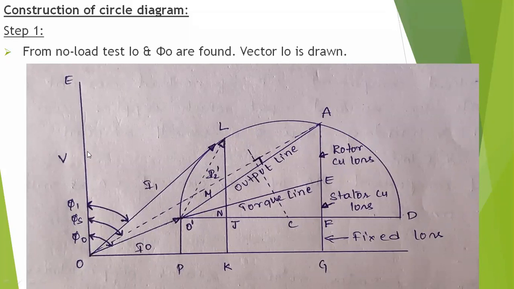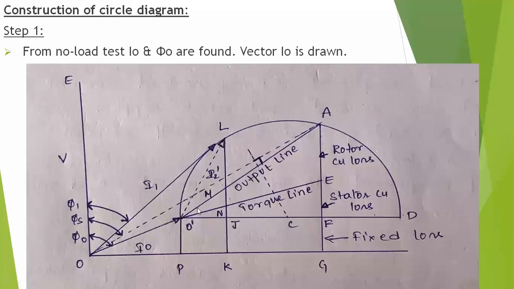When you observe the V vector and the I naught vector, I naught is lagging by the phase angle phi naught with respect to the applied voltage V. So with respect to V, I have to draw the magnitude of I naught, lagging by the angle phi naught.